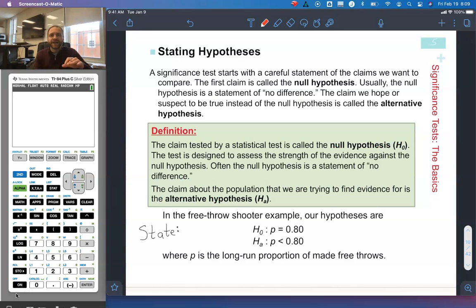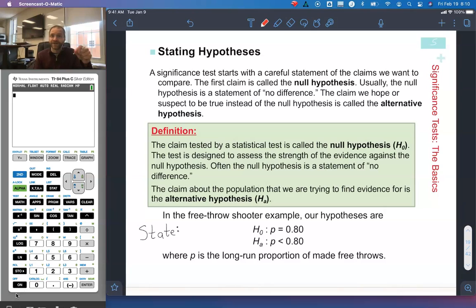So we're still looking at the basketball free throw shooter, and we're looking at the null hypothesis. And the null hypothesis is that there is no difference between the claim and the population parameter. So it's always an equal. There's no difference. The claim we hope, or the claim we suspect, is the alternative hypothesis. So we use H sub 0 for the null hypothesis, and that's always going to be equal.